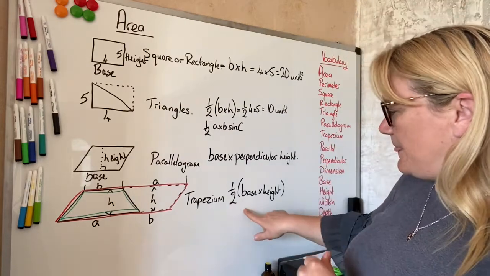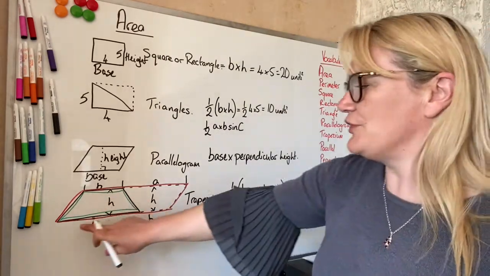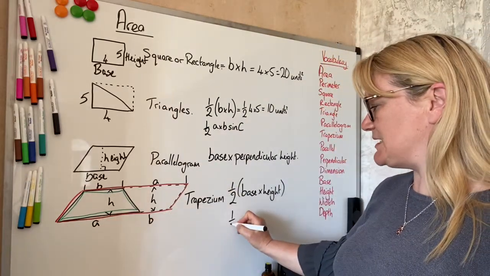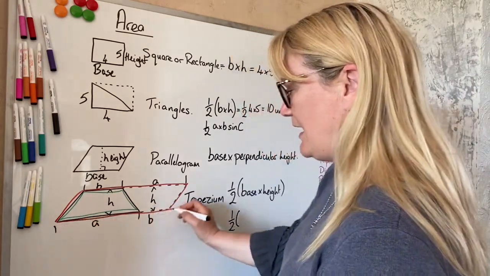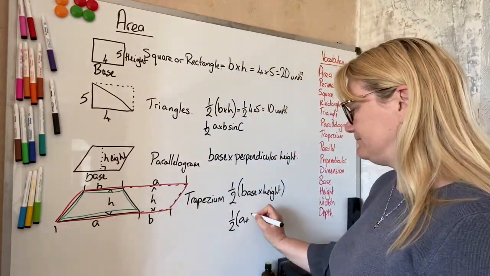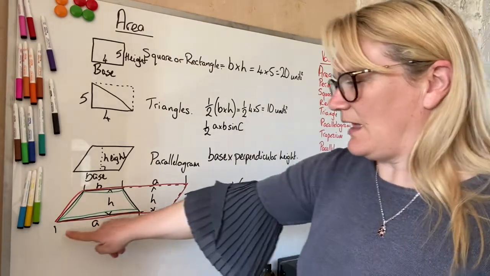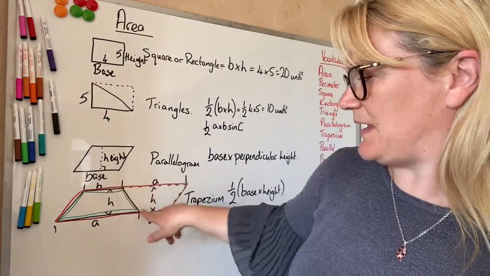So this green trapezium is going to be half of the total base times the perpendicular height, which means that it becomes half of A add B times the height. And you'll notice and remember that A and B are there.